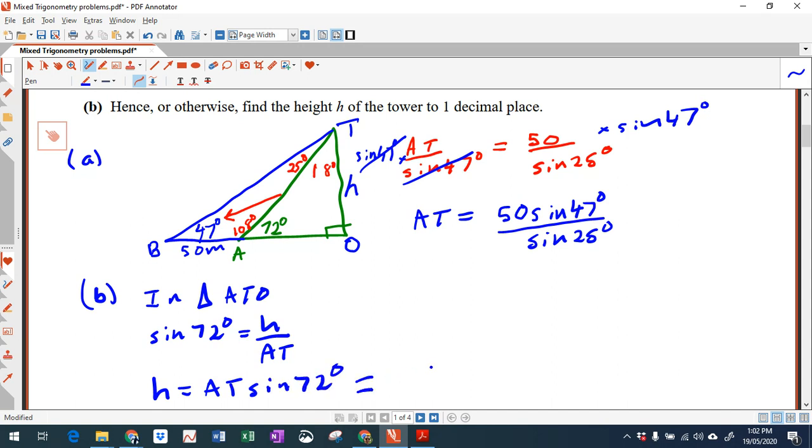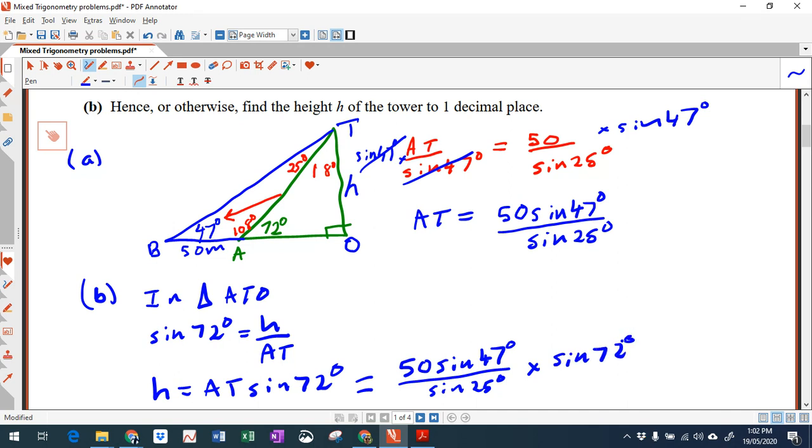And what's AT equal to? We worked it out in part A. It's 50 sine 47 degrees divided by sine 25 degrees multiplied by sine 72 degrees.